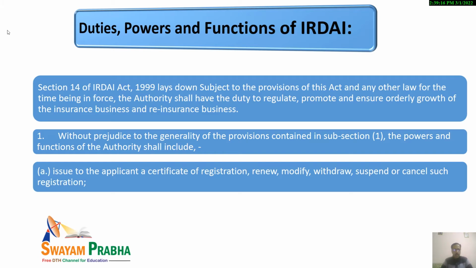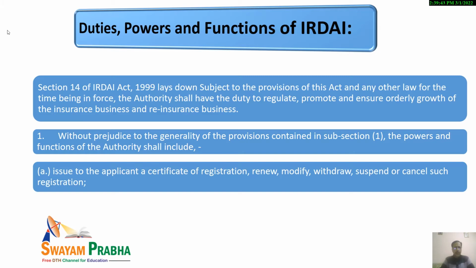Similarly, in case of insurance business, the certificate of registration will be granted by IRDAI, once it is satisfied that all the formalities have been complied with, nothing is pending, and everything is in order and as per norms.